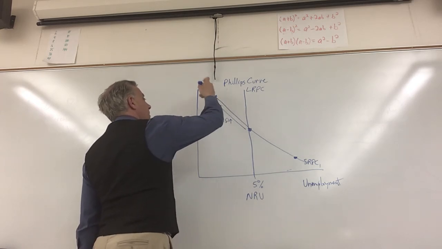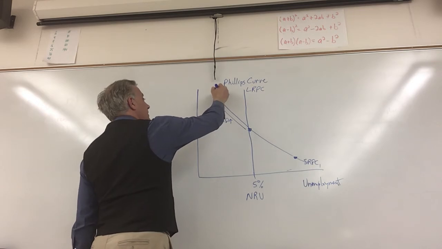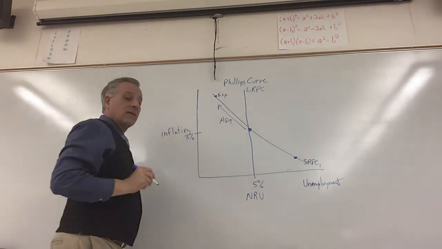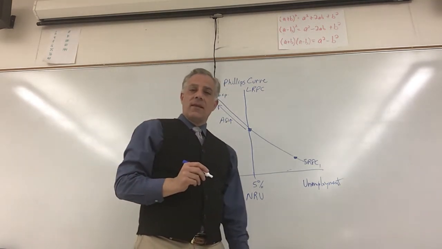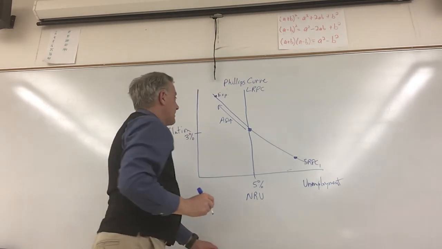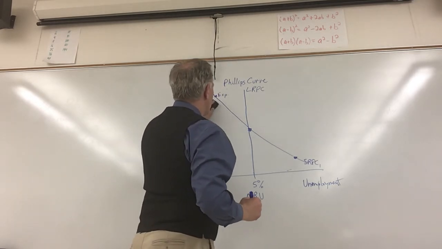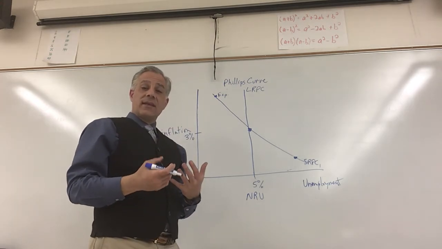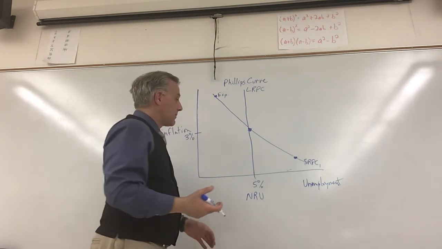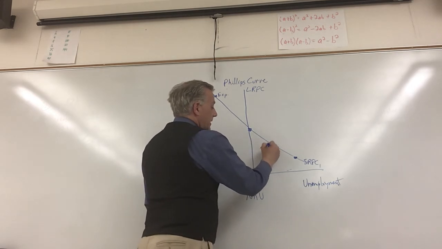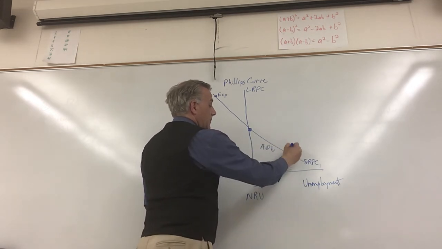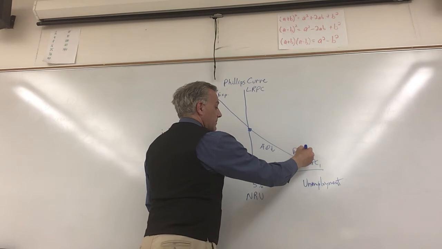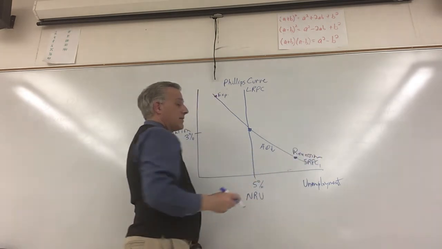We're going to move up and to the left to expansion. Okay. Let's say that I had the dollar get stronger. Well, if the dollar gets stronger, that is going to have a negative impact on net exports. We're going to have a decrease in aggregate demand, and we're going to move into a recession, down and to the right.